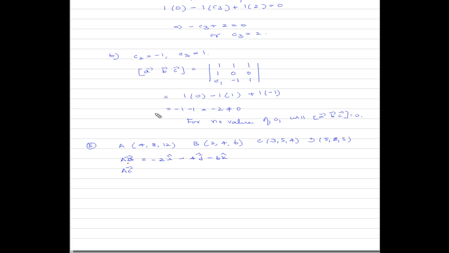AC vector is going to be obtained by C minus A. So 3 minus 4, that is going to be minus i minus 3j minus 8k. And AD vector is going to be equal to D minus A. So 5 minus 4, that is going to be i, plus 8 minus 8 is going to be 0, then plus 5 minus 12 is going to be minus 7k vector.